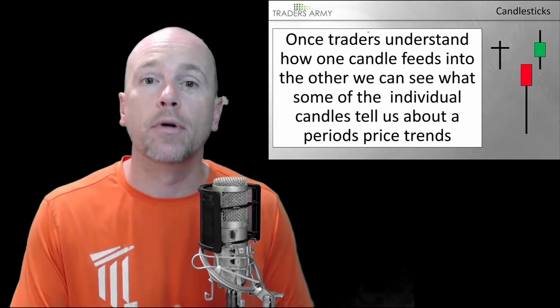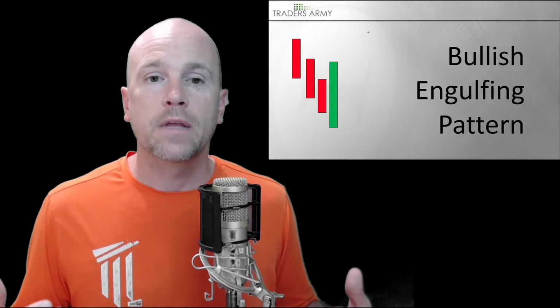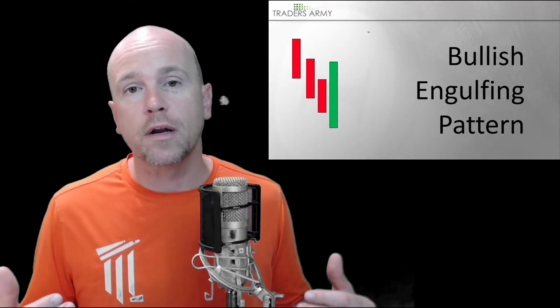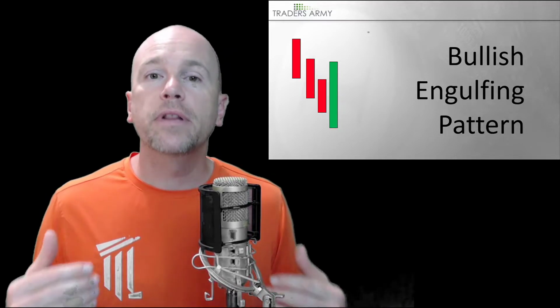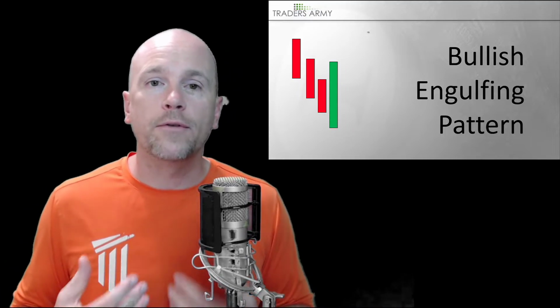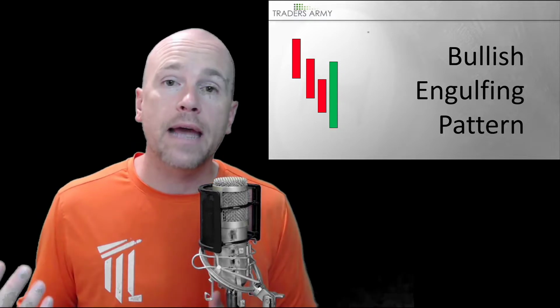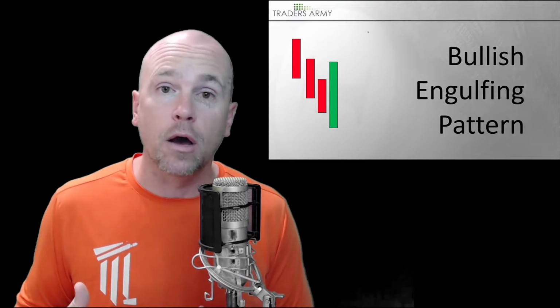And that's what's called the bullish engulfing candlestick. If you take a look at this picture, it shows that our green candle completely engulfs the prior red candle. So what does this mean? Our red candle opened at a high and closed at a low.